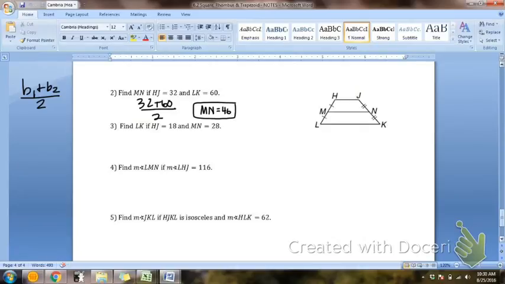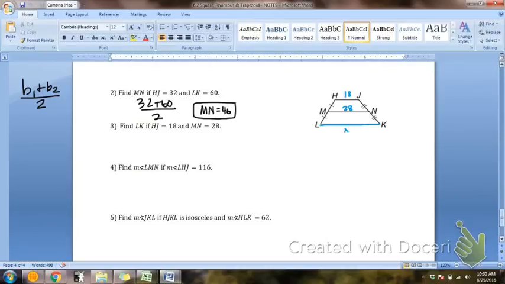Okay, find LK. So they want me to find this down here. If MN is 28 and HJ is 18. So MN is 28. Now this time they gave me the median, right? And I don't know one of the bases.